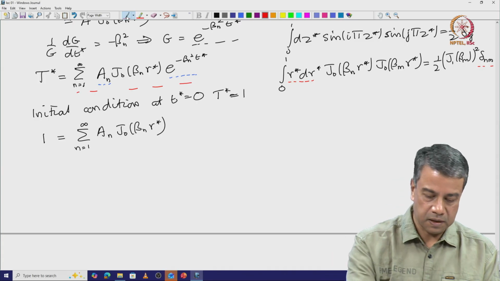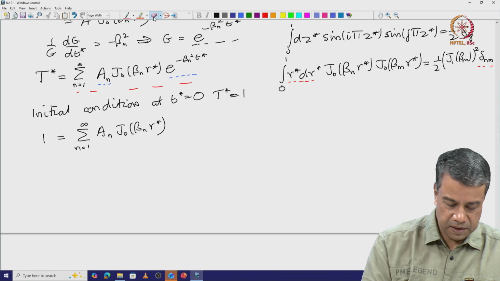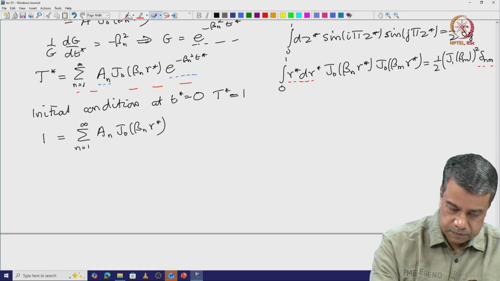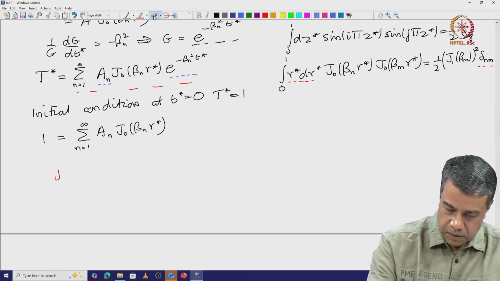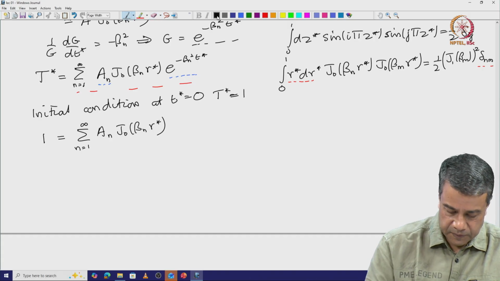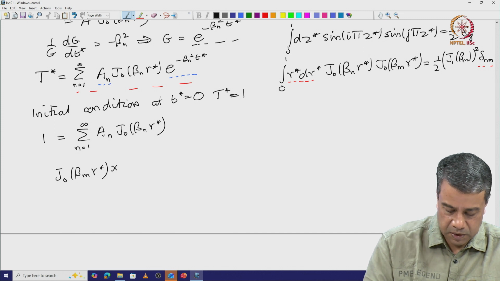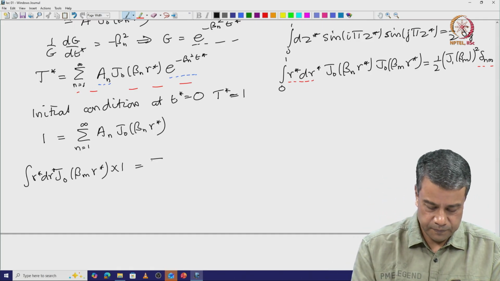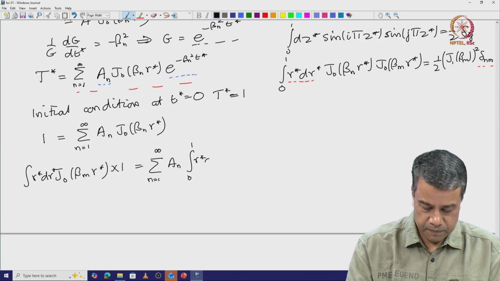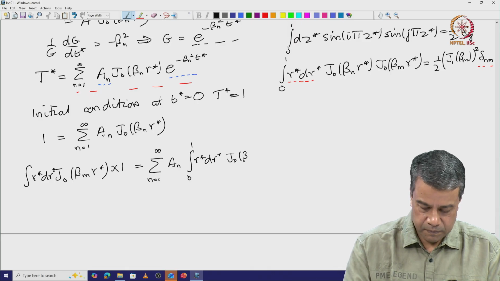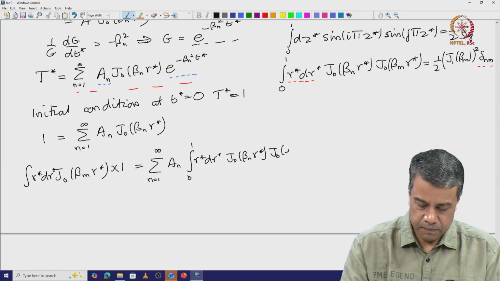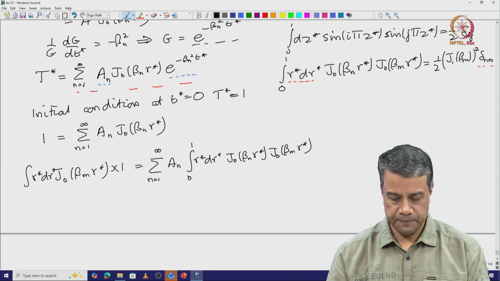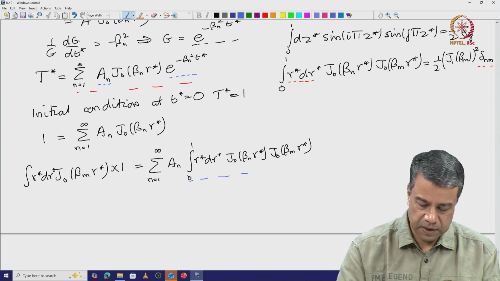So, this orthogonality relation can now be used. We multiply the left and the right side by J naught of beta m r star, and integrate r star dr star. And for this integral, I can use the orthogonality relation.